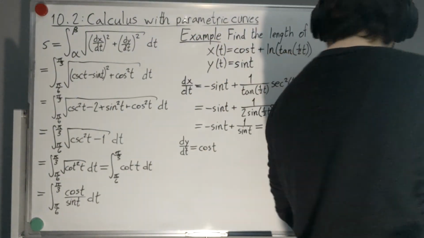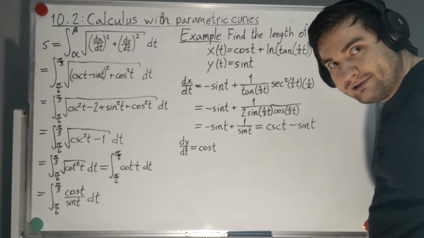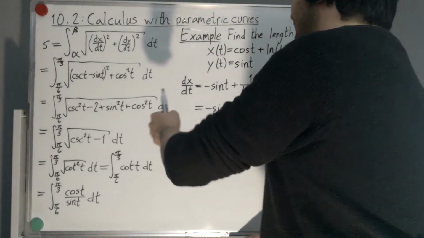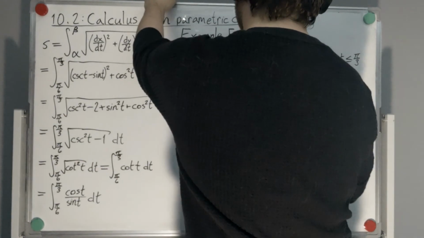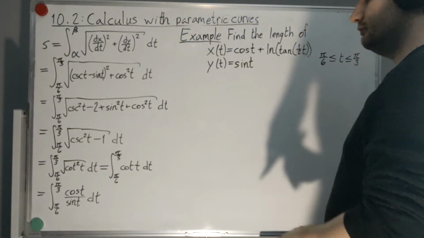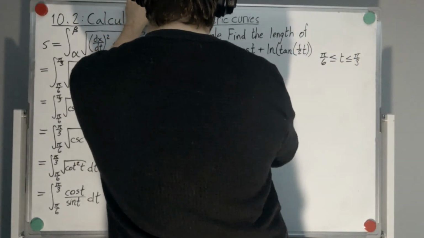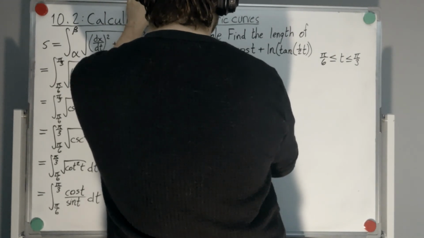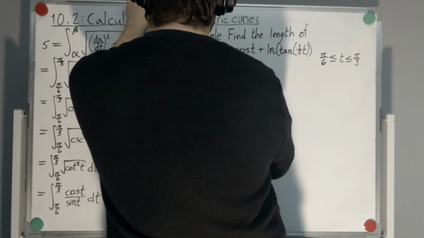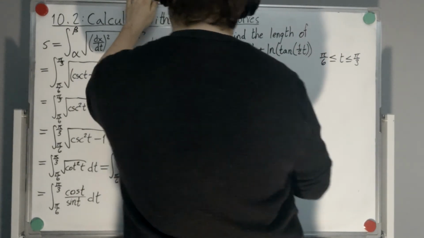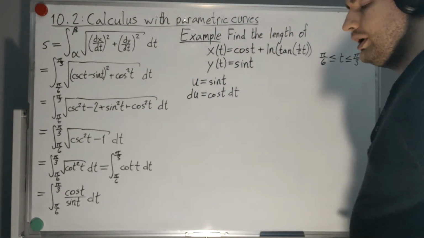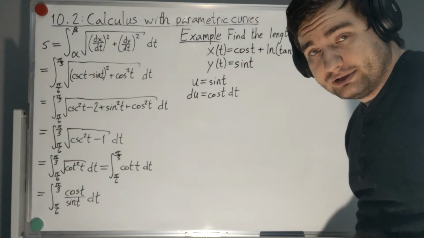When you do that, you can do a u substitution. Okay? I'm going to erase this just because we don't need it anymore. If you set u to be sine t, then du becomes cosine t dt. And I guess while we're at it, we better change the bounds as well.